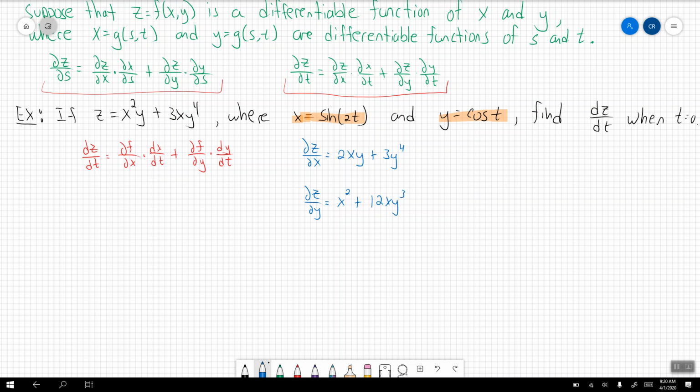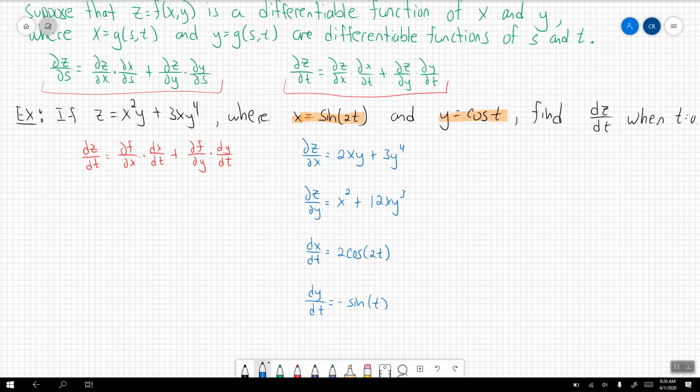Good. Now we're also going to need the derivative of x with respect to t. And that's going to be 2 cosine of 2t. And we also need the derivative of y with respect to t, and that should be negative sine t. There we are. Perfect.